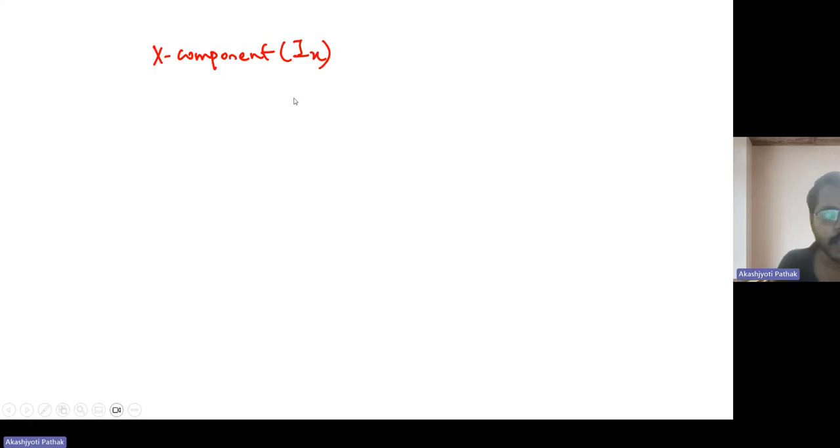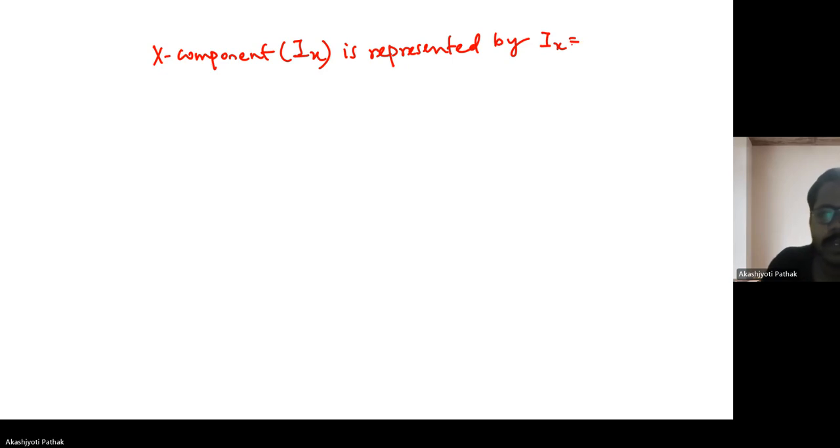Okay. So we were looking into the Pauli matrix notation. The x component of the angular momentum is represented by Ix equal to half times the matrix with entries 0, 1 and 1, 0.